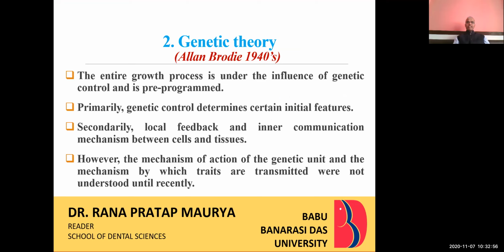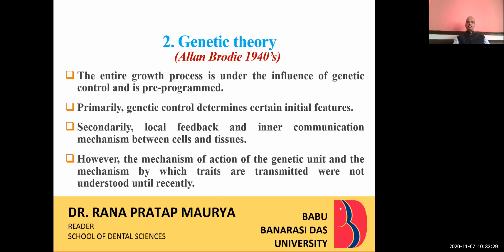The second theory was the genetic theory, given by Brodie in 1940, according to whom the entire growth process is under the influence of genetic control and is pre-programmed. First, genetic control determines certain initial features of growth, and secondly, the local feedback and inner communication mechanism between cells and tissue determines the final structures.